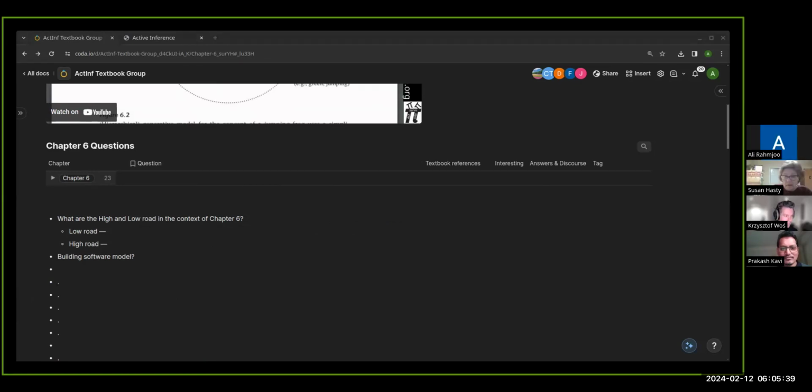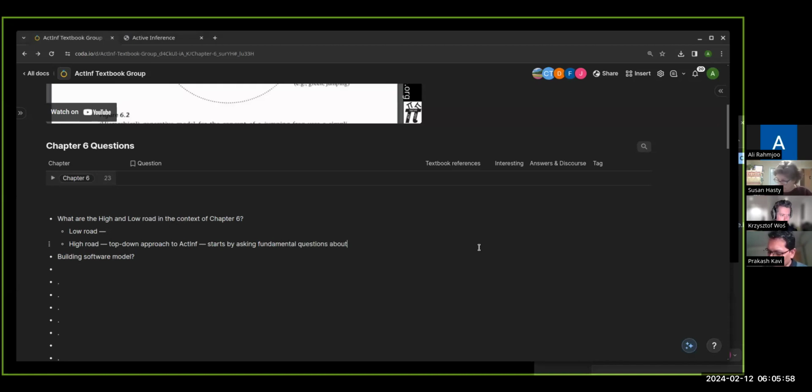Yes, Ali, and then anyone else who raises their hand. Okay, so the high road can be described as kind of a top-down approach to active inference, which starts by asking some very fundamental questions about what's required for any quote-unquote thing to exist, and what are its necessary properties.